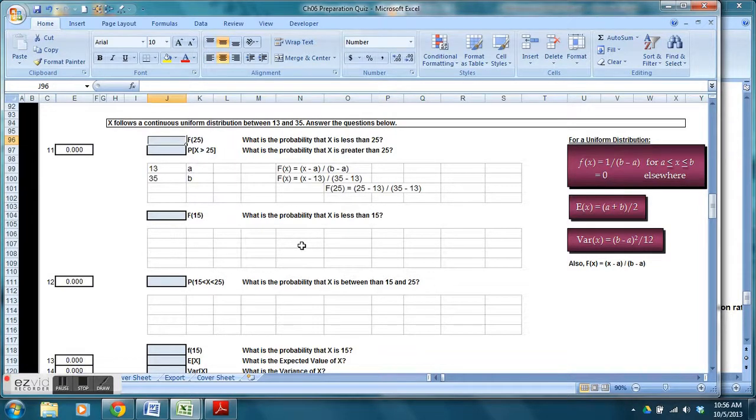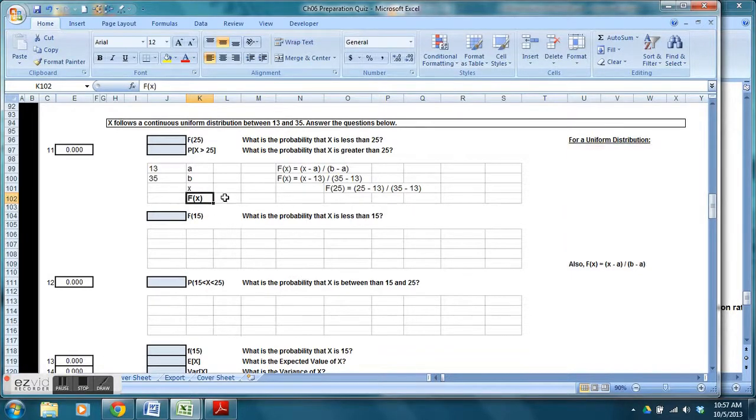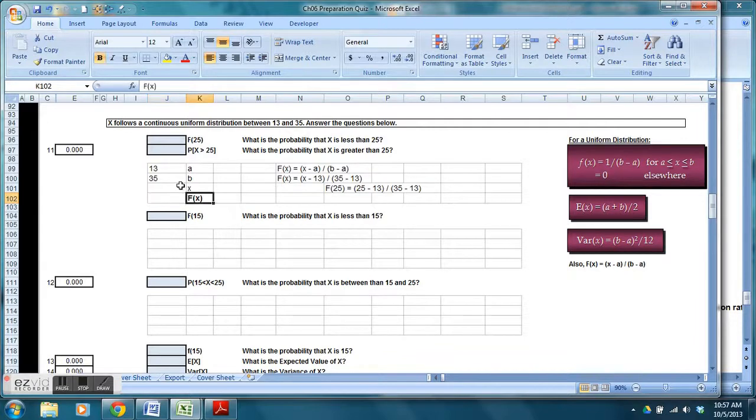So this is equal to, and I could just type it in, but I think what I'm going to do in this case is put my x in right here and then have the big F of x. Put this guy in bold.